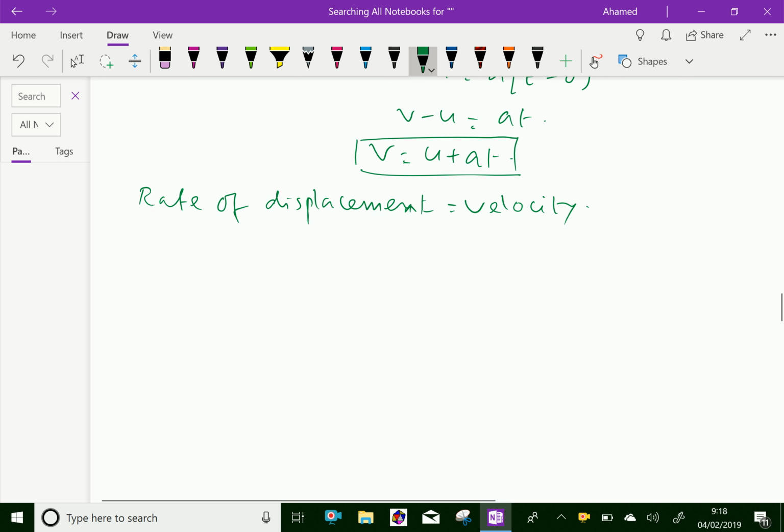From that we can say rate of change of distance, that is velocity, that is ds by dt equal v. From that, ds equal v dt.